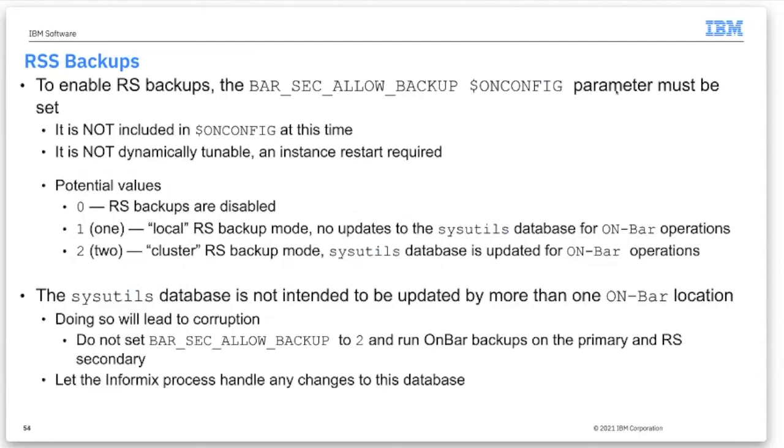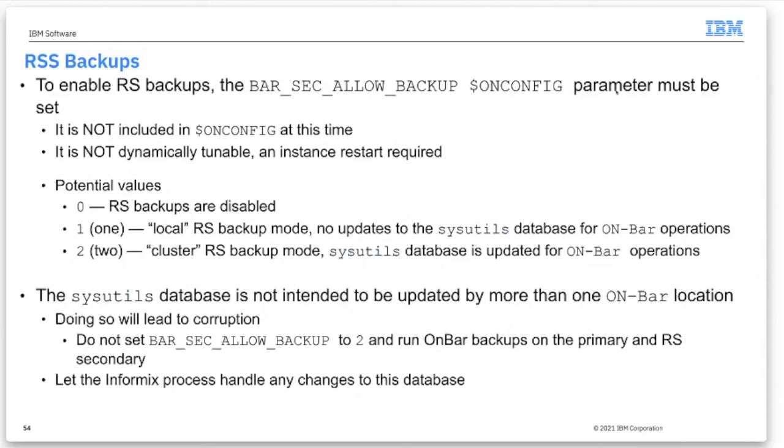So how do you enable RS backups? There is a new configuration parameter called BARSEC_ALLOW_BACKUP. It is not included in the onConfig file, and it is not dynamically tunable. So you will need to restart the RS secondary if you intend on enabling this. There are three values for this configuration parameter.